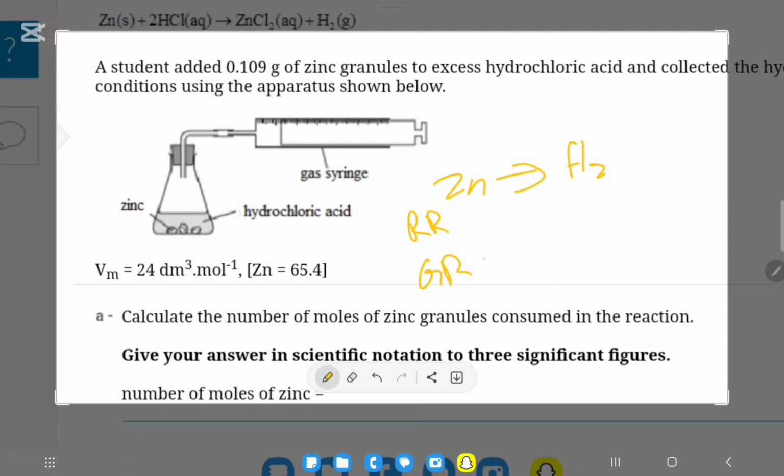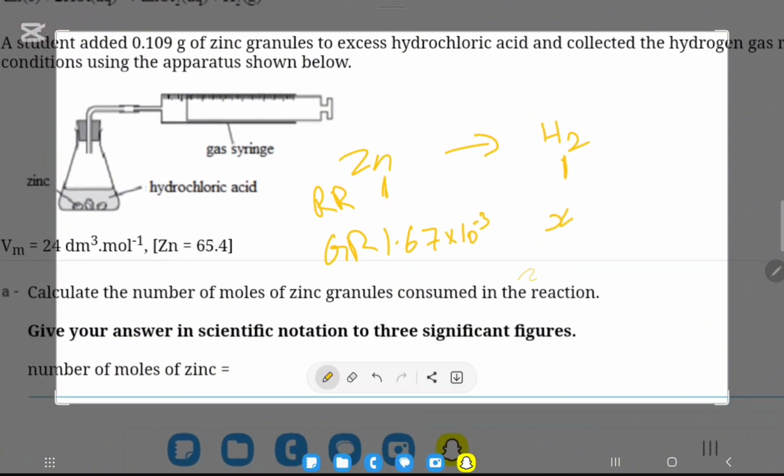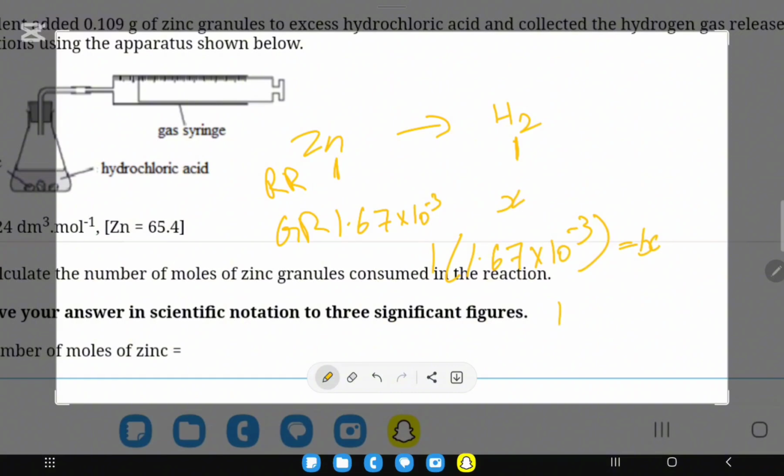For zinc we got 1.67 times 10 to the power of minus 3. We don't know the moles for H2, so we put X. For the RR we have 1 mole of zinc and 1 mole of H2. You cross multiply. So 1 times 1.67 times 10 to the power of minus 3 equals 1x. 1.67 times 10 to the power of minus 3 equals x.